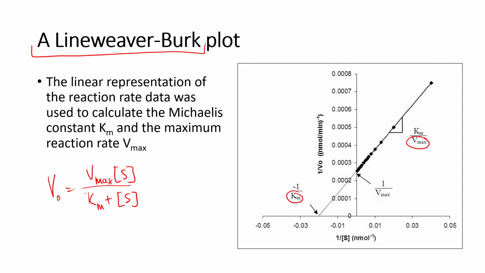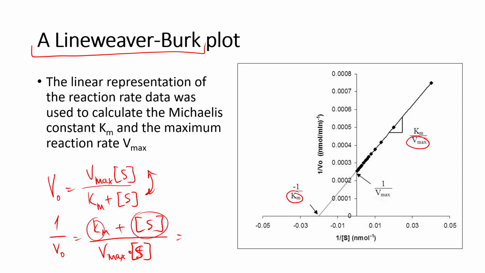So what they did, they took a reciprocal of this formula, so 1 over V0 is equal to the Michaelis constant plus substrate concentration divided by Vmax times S.